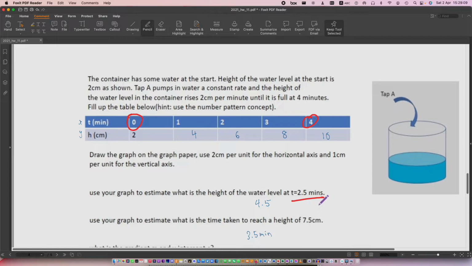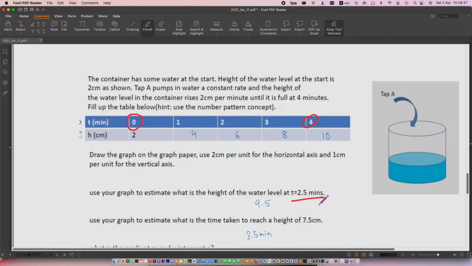I'm going to use freehand. Then what's H? Use your eye power.